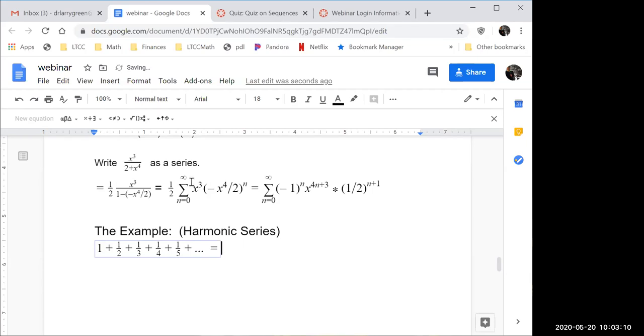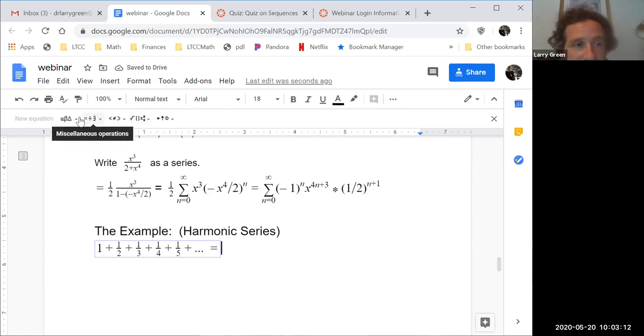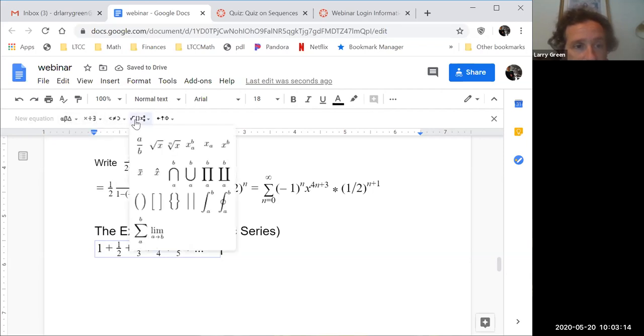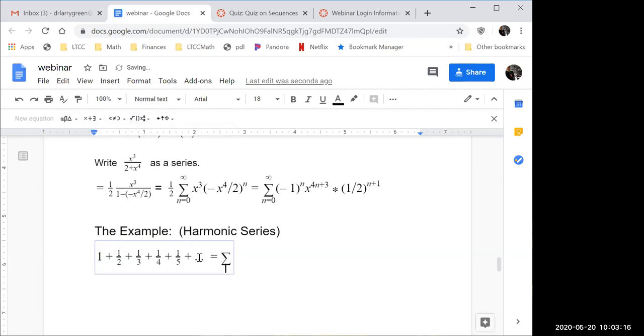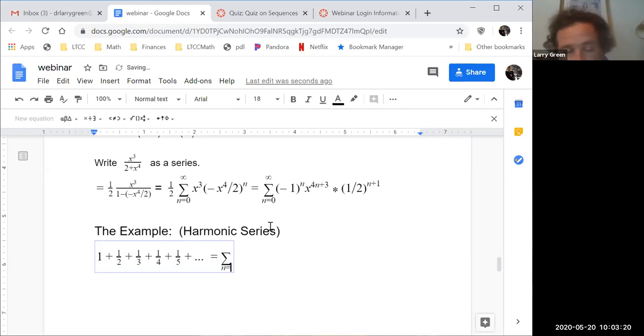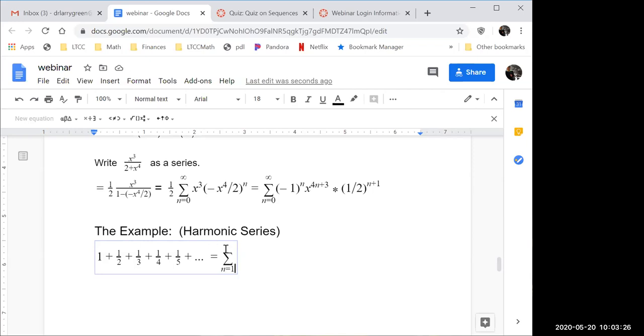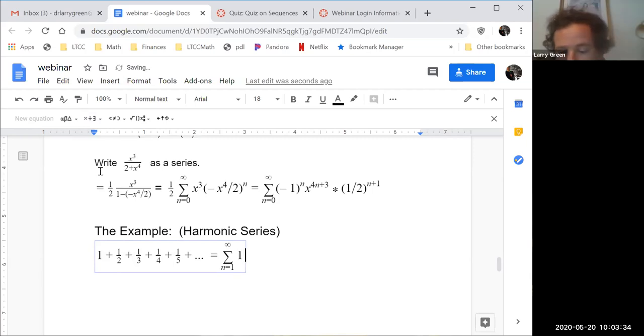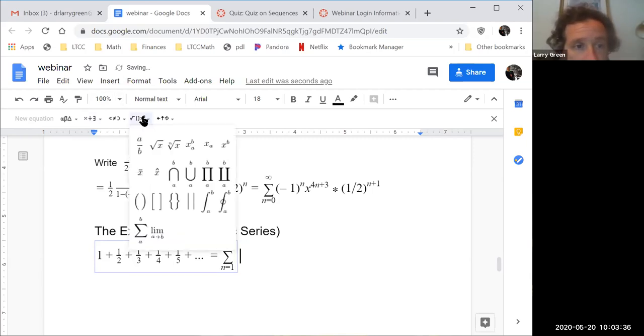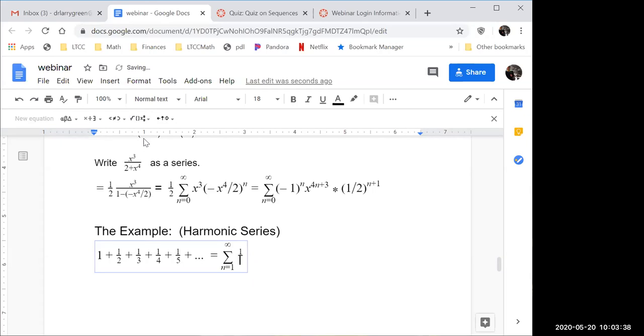First thing, let's write it in sigma notation. So it's the summation n equals 1 to infinity of 1 over n.